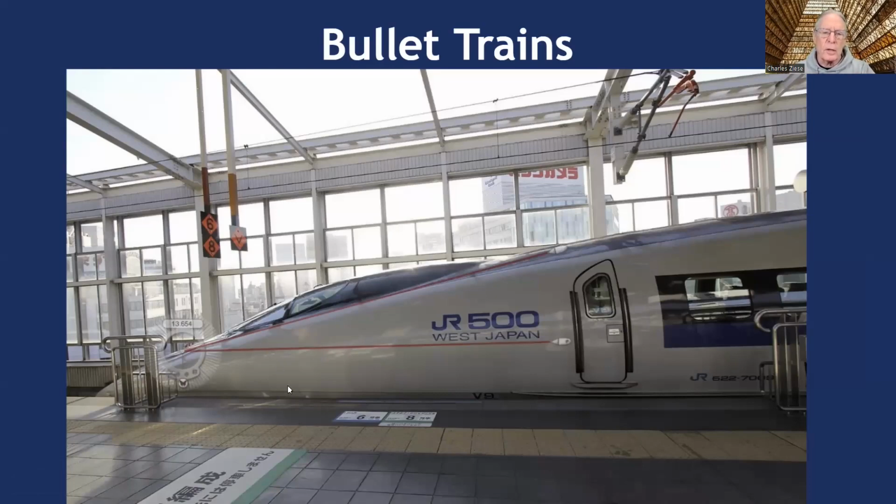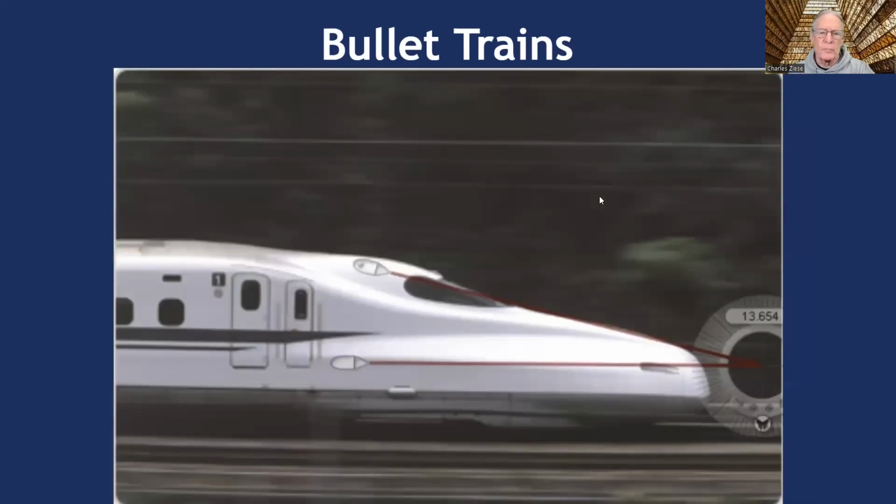And so the aerodynamics are only used on the upside of the train, but we see the 13.654 angle, which again is half of the 27.309 that we have as the apex of the Phi scaling geometry.